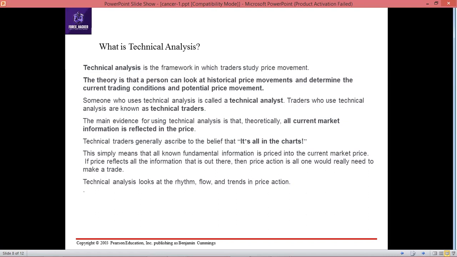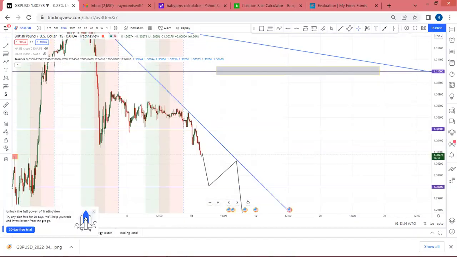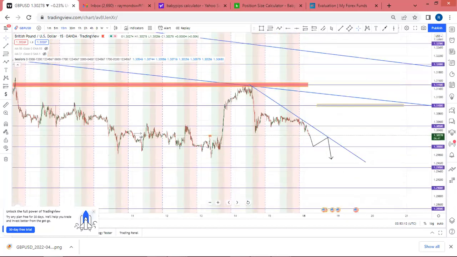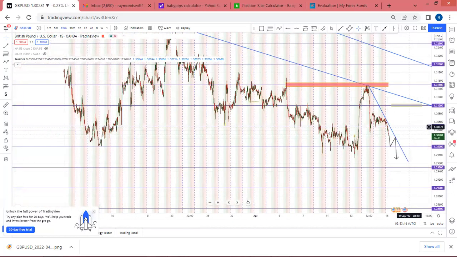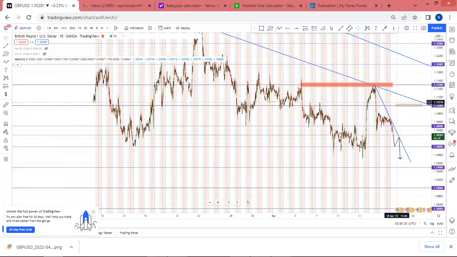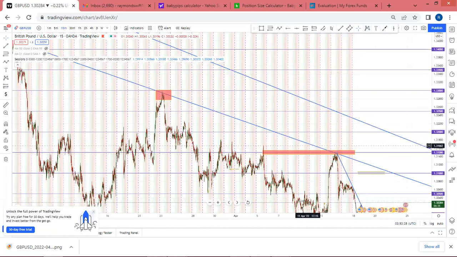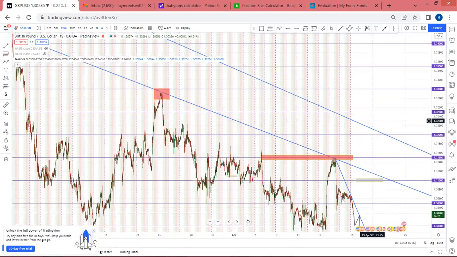In price. What they mean by that is this. See this, this is GBP USD. Let me try and zoom it out. If you guys are seeing this, you will see that this market has been going down, like down.